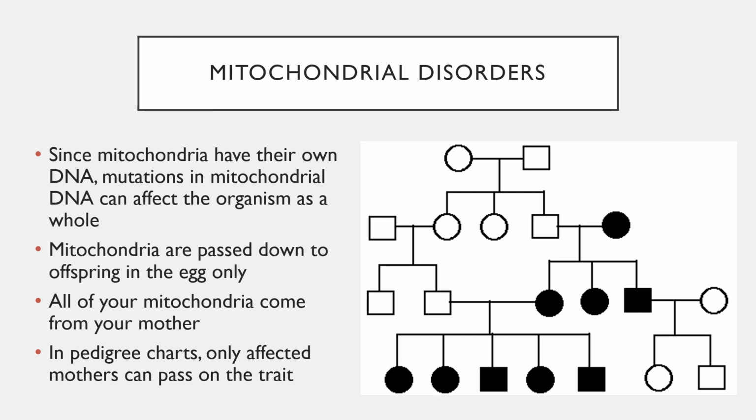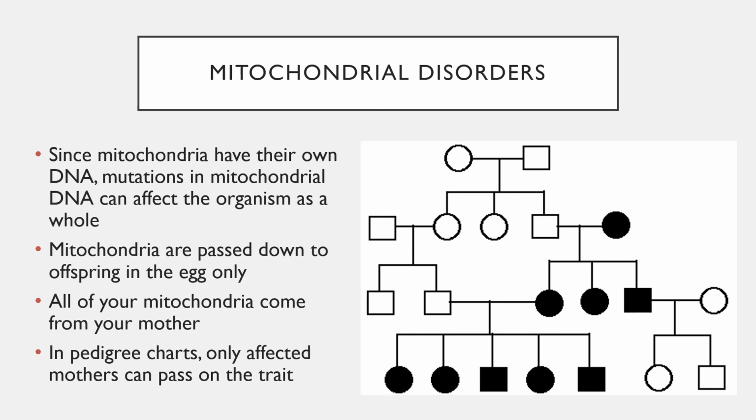And the last thing we're going to talk about are these mitochondrial disorders. Our mitochondria have their own DNA. Think back to that idea of the endosymbiotic theory, where our cells engulfed early prokaryotes and we learned to live in symbiosis together.